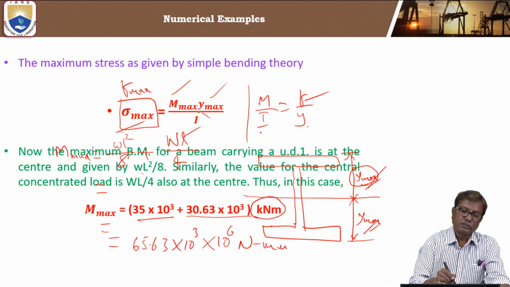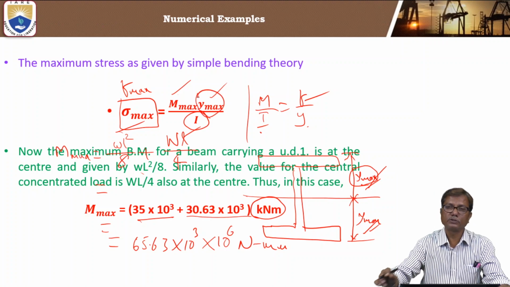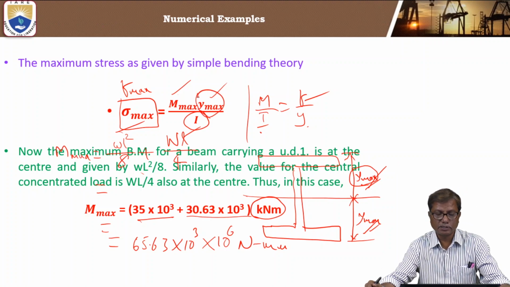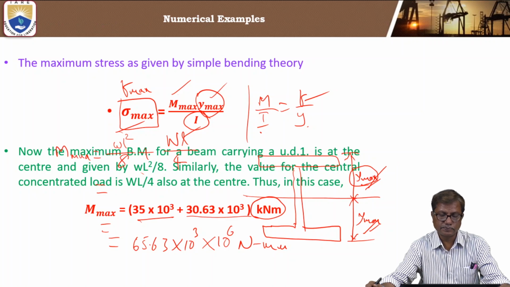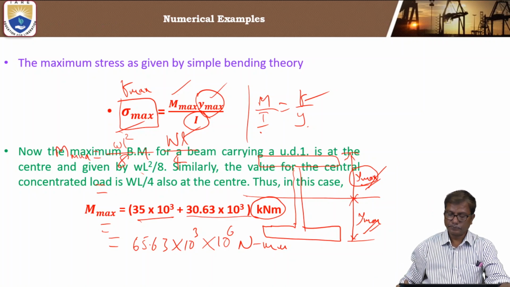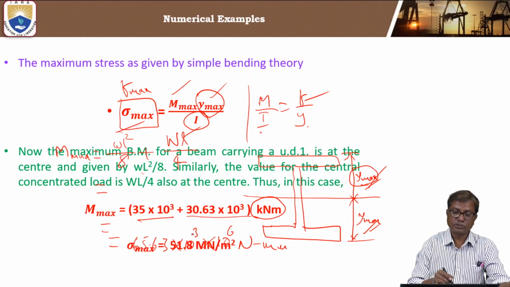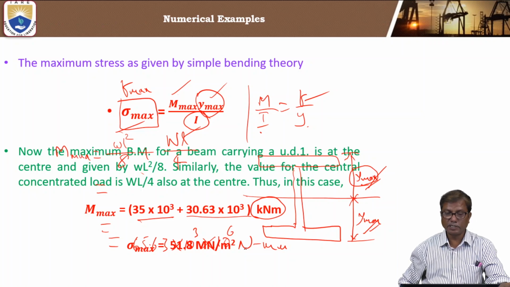The other quantities, I and Y maximum, are also substituted in millimeters. Now sigma maximum is obtained by substituting these values of bending moment.